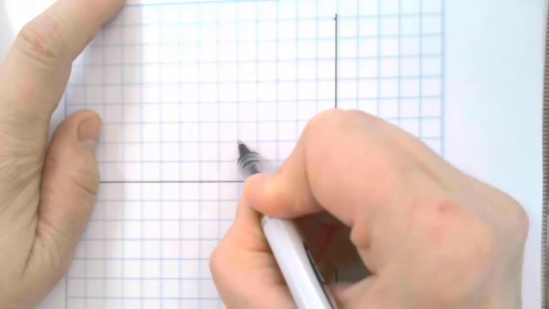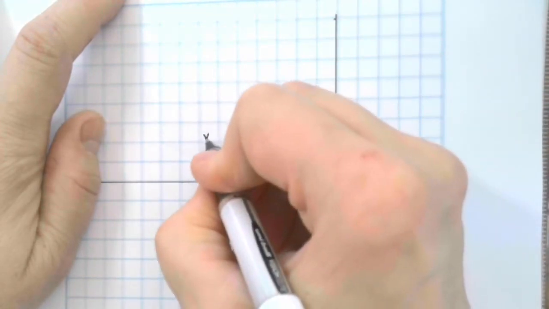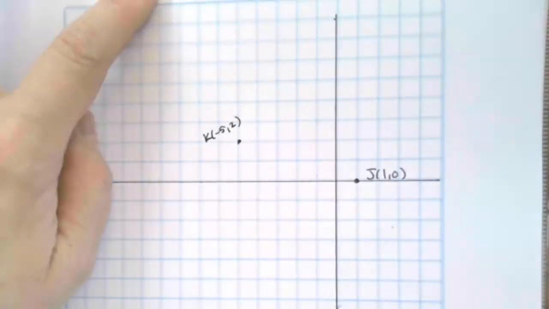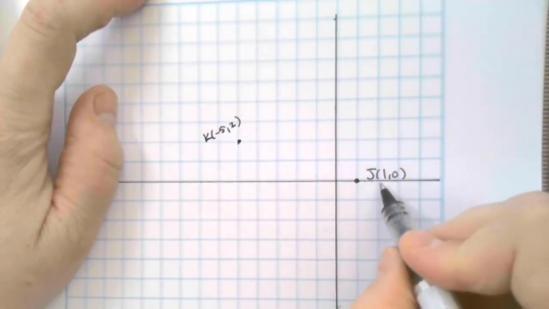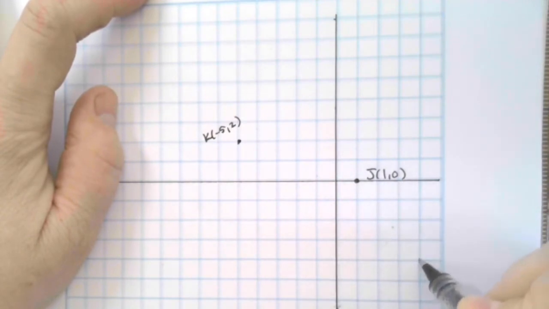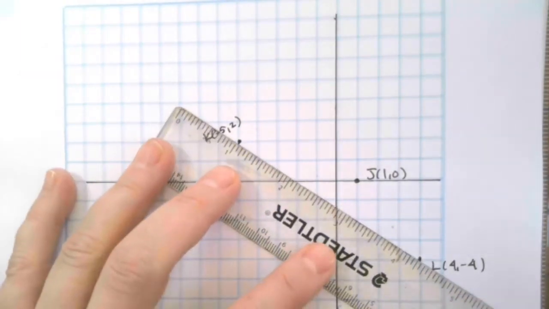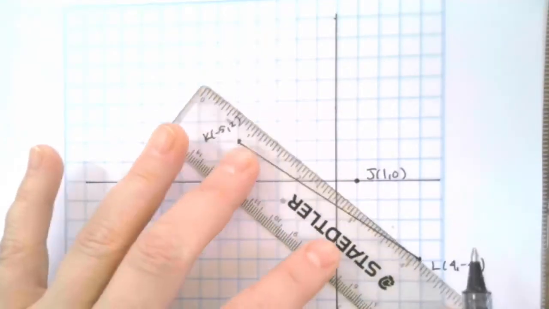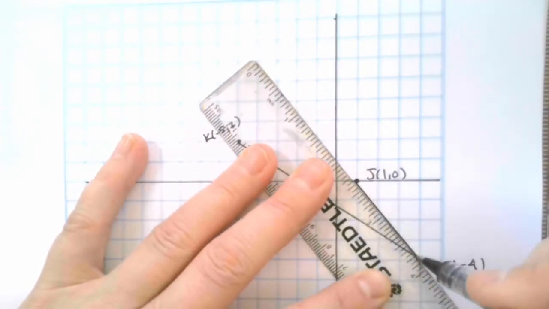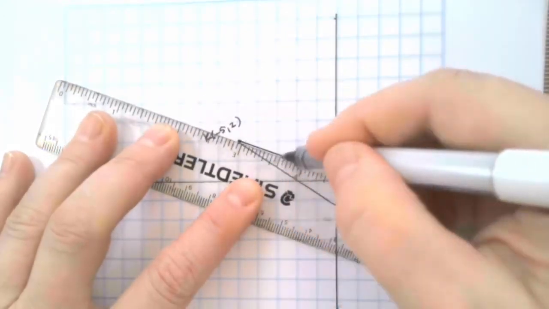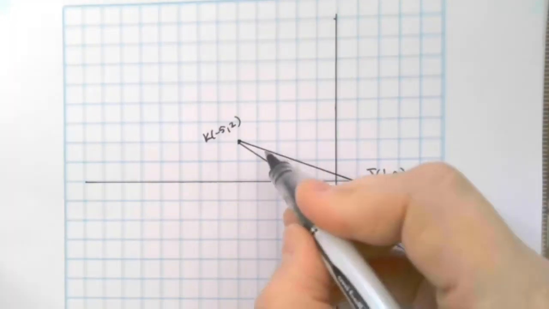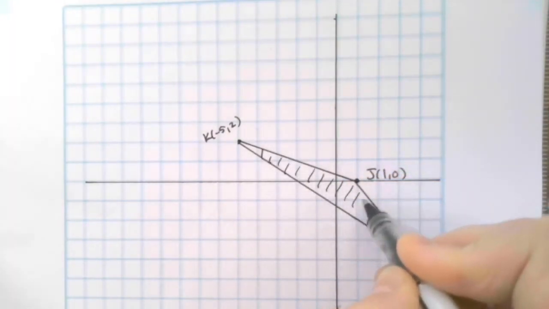Up 1, 2. L is 4, negative 4. 1, 2, 3, 4. 1, 2, 3, 4. And we connect the vertices. This is actually a triangle. All right, there is our pre-image.